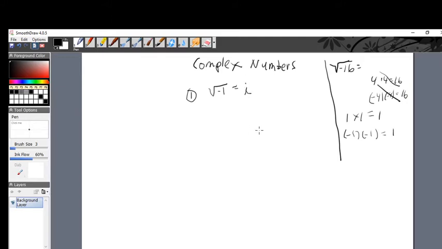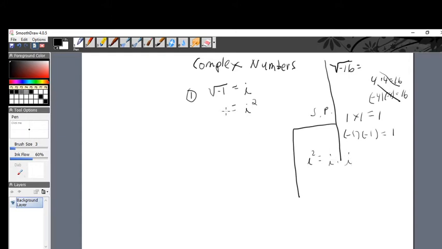The square root of negative 1 is equal to i. We just have to accept that. That's what they came up and said. Okay, then there's something called i squared. There's 4 things that you have to remember. What about i squared? Let me show you what i squared should be. i squared is equal to i times i.